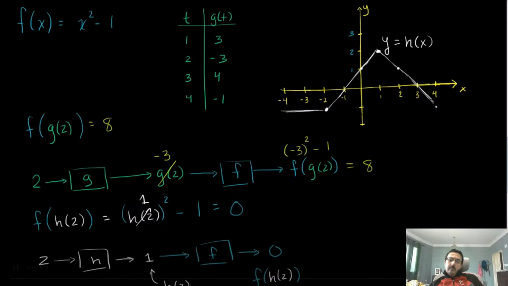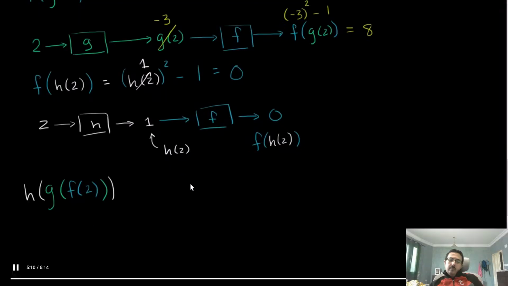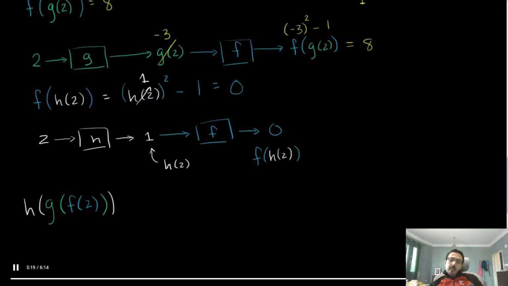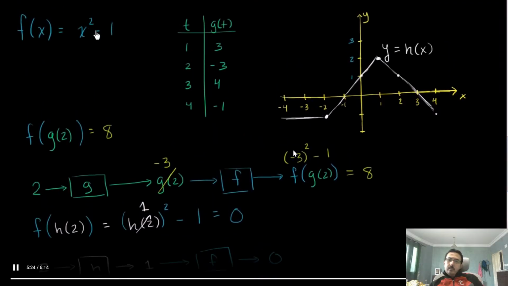And let's take h of g of f of 2, just for fun. So now we're really doing a triple composition. There's a bunch of ways we could do this. One way is to just try to evaluate what is f of 2. Well, f of 2 is going to be equal to 2 squared minus 1.